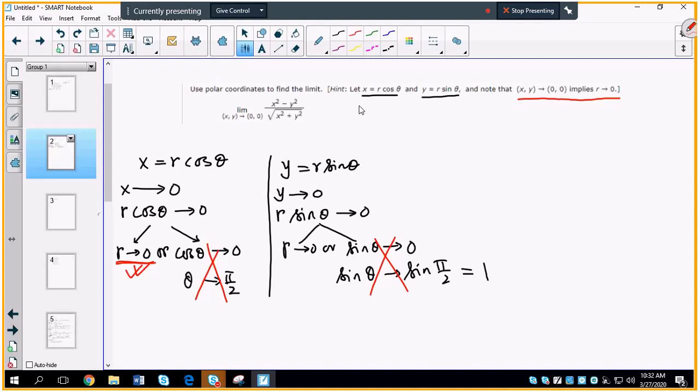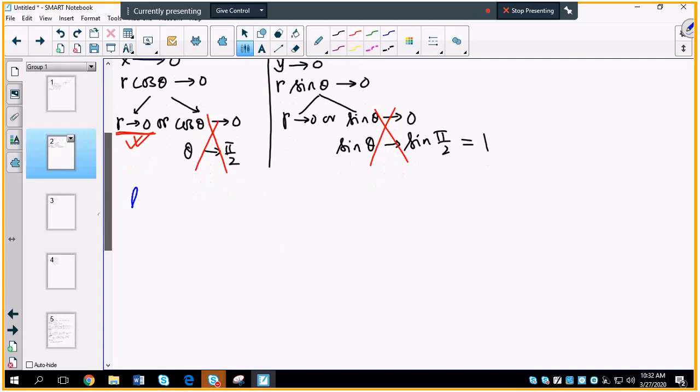So in terms of this substitution, I have to rewrite the given function and the limit. So let's try to do that. So you have the limit as x, y approaches the point 0, 0, and your function was x squared minus y squared all over the square root of x squared plus y squared.